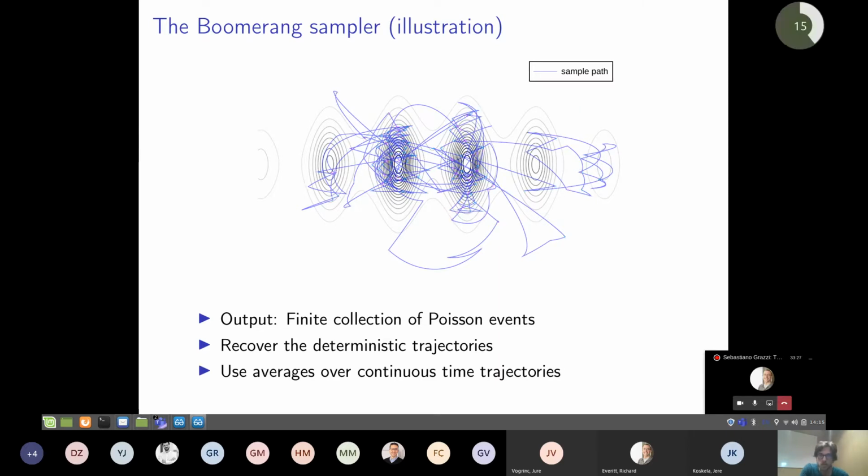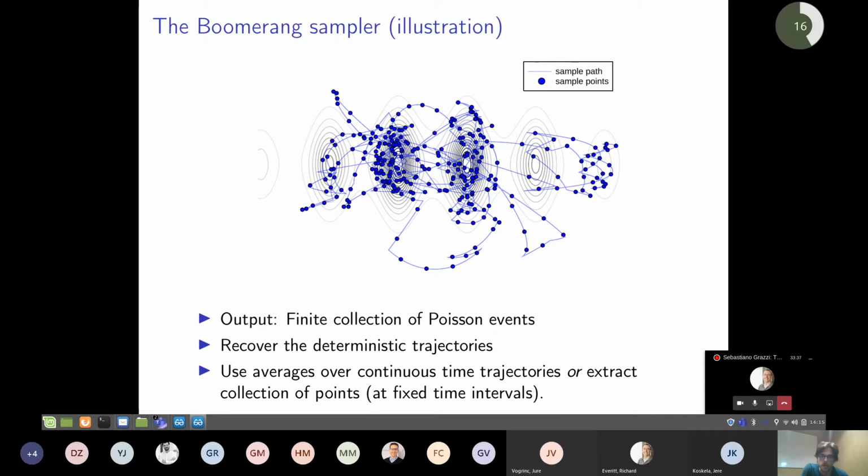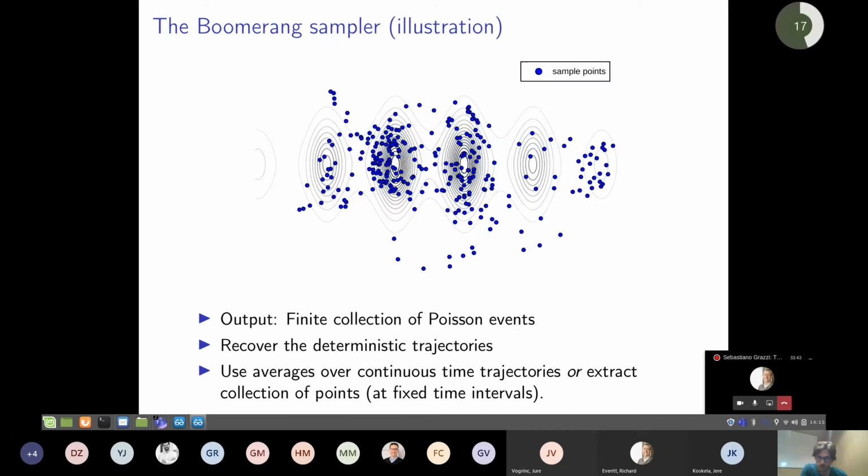Once we have the trajectory, we take the continuous trajectory as a proxy of the target distribution, or alternatively, we can also discretize this trajectory and take a collection of sample points as a proxy of the target distribution.